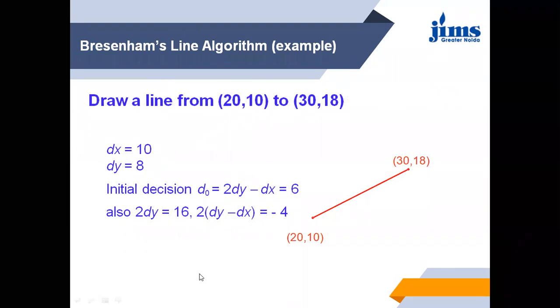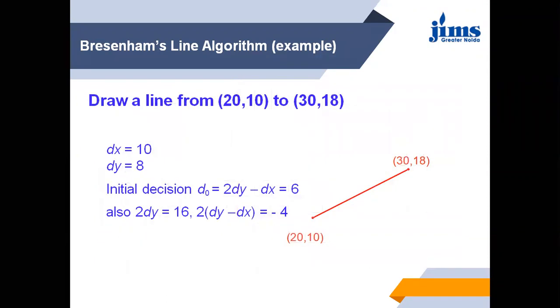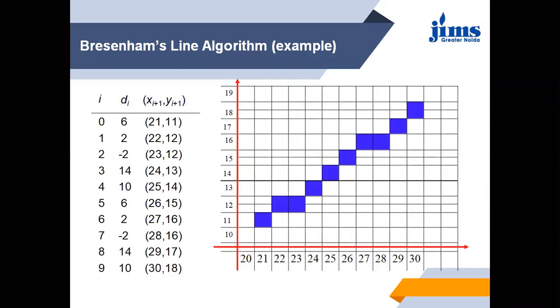This is the representation of this same line, that is (20,10) to (30,18). So our first pixel is this.